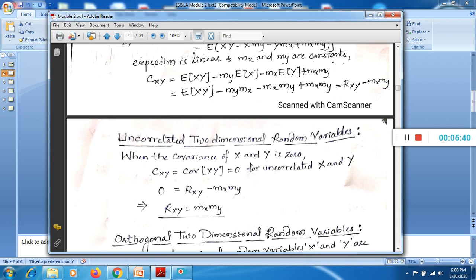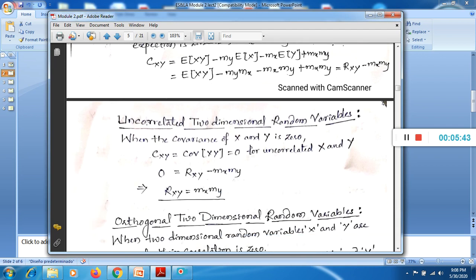We go for uncorrelated two-dimensional random variables. If the two random variables are not at all correlated, then C_XY, the covariance of X and Y, is equal to 0.